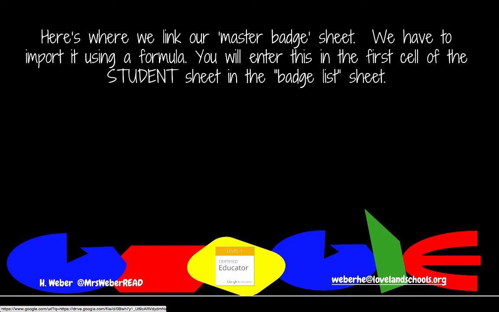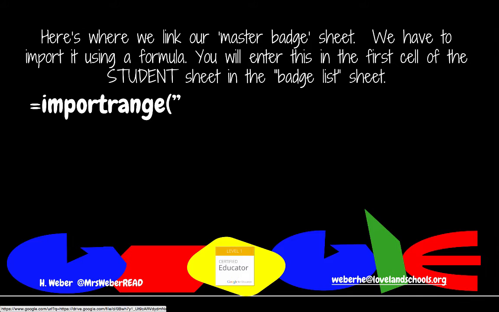Now here's where we're going to link that master badge sheet. We have to import it to our student sheet using a formula. We're going to enter this in the first cell of the student sheet, and make sure you're on that badge list sheet. So in the very first cell, you want to type in equals import range, parentheses, quotation mark, no spaces.